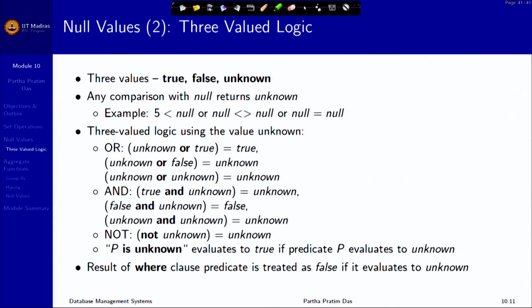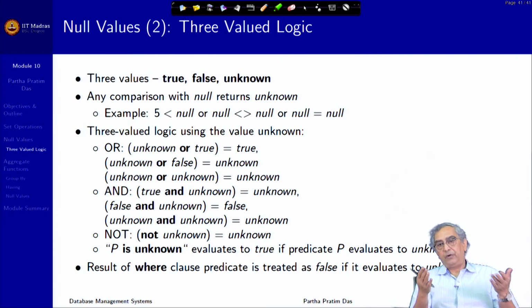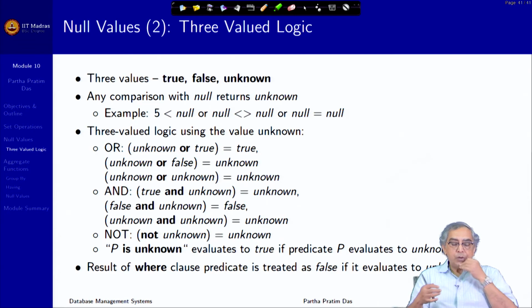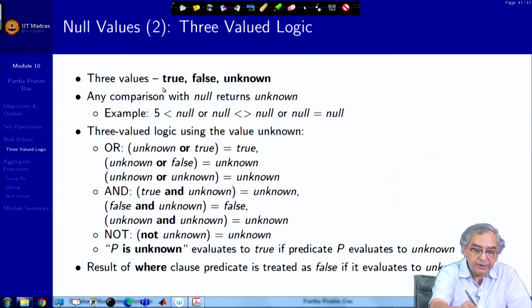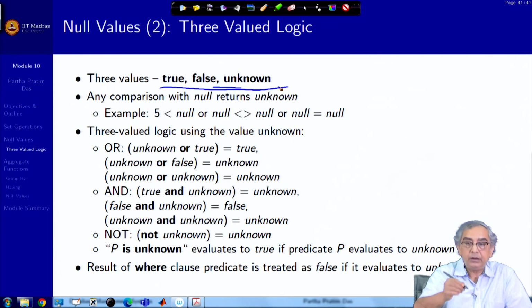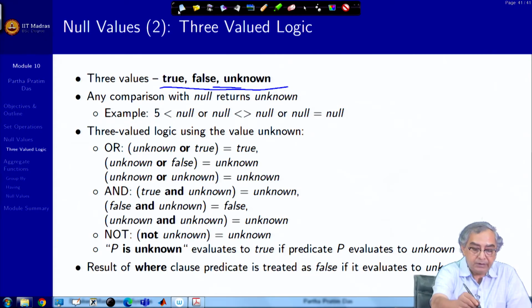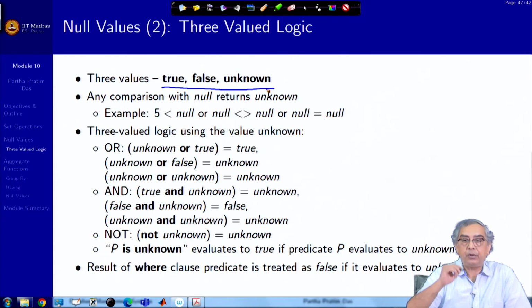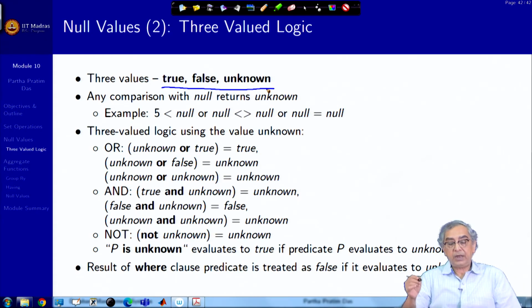Naturally, unknown is neither true nor false, but it will feature with true and false more often. So, what is done is the Boolean or two valued logic is extended to 3 values, where you have the 3 constants: true, false and unknown.